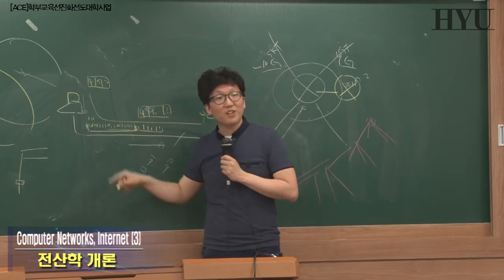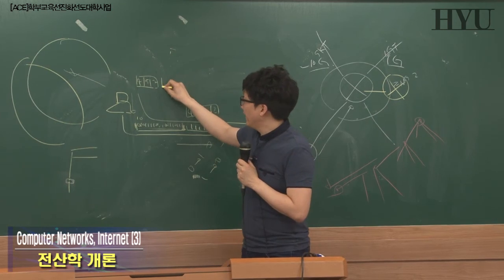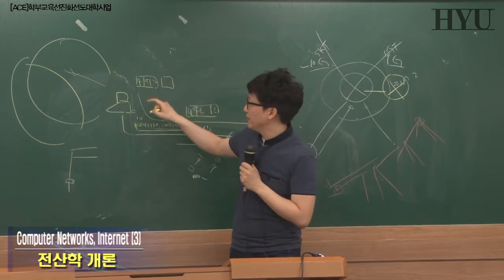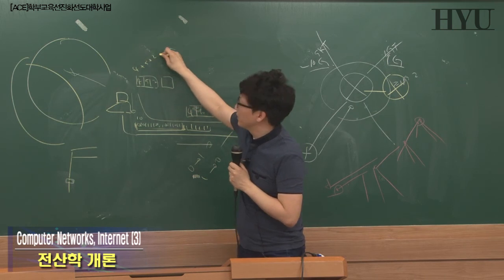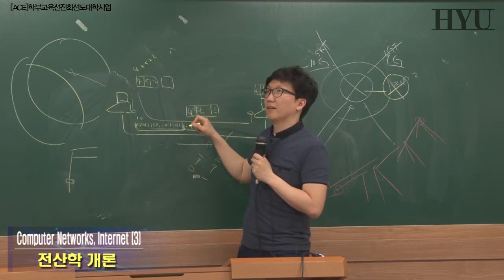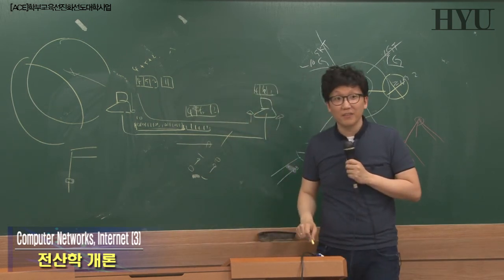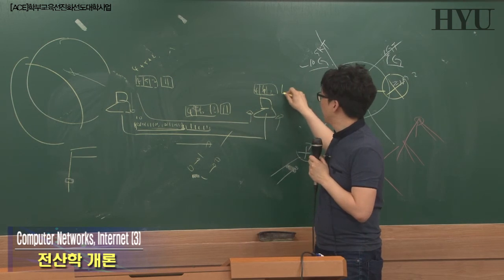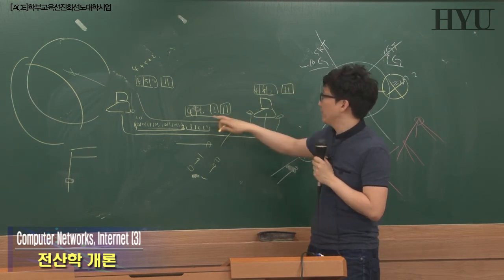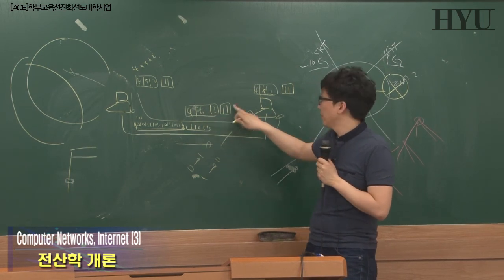So when the sender is sending this data, along with the original data, they send extra information like 4 plus 5 plus 2. So how much is that? 11. You send 11. But somehow 5 became 6 along the way.